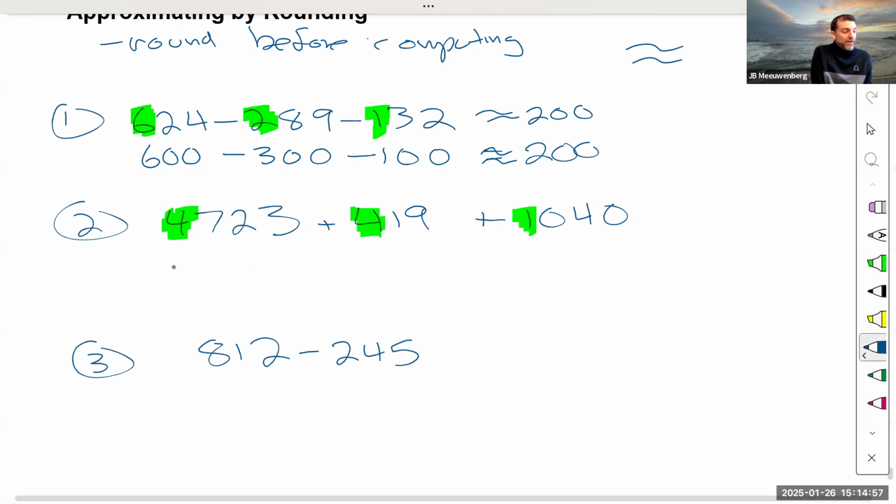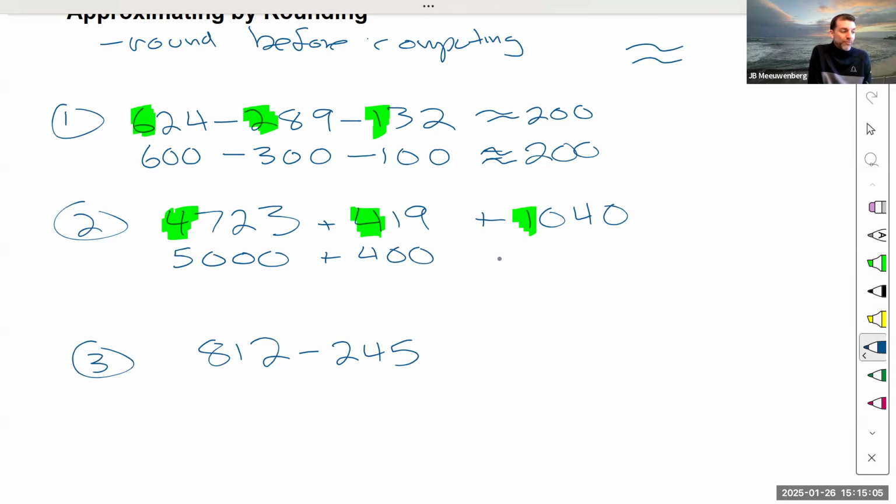Our rounding will be 5,000, because that 7 is 5 or bigger, plus 400, because that 1 says we round down, plus 1,000, because we have a 0 here. I'm actually going to add these two first to get 6,000, then add the 400. So we can say that this is approximately equal to 6,400.